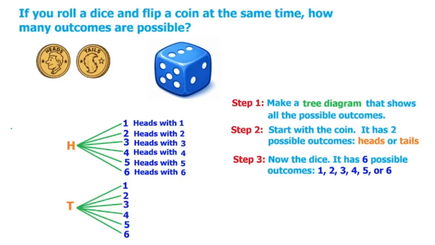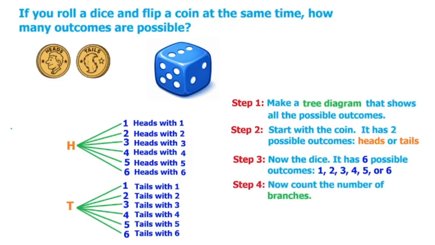So the next one, if you flip your coin and you get tails and then you roll your dice, you might get 1 or 2 or 3 or 4 or 5 or 6 on the dice. Okay, those are possible outcomes. So that means it would be tails with 1, tails with 2, tails with 3, tails with 4, tails with 5, tails with 6. Those are the possible outcomes.